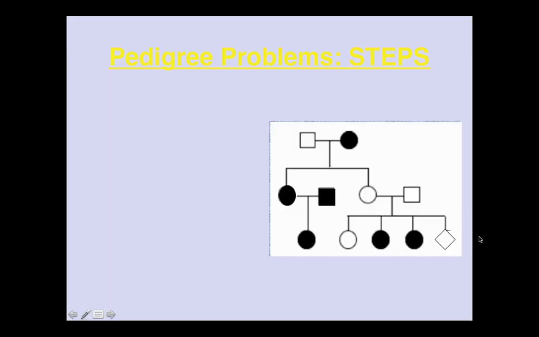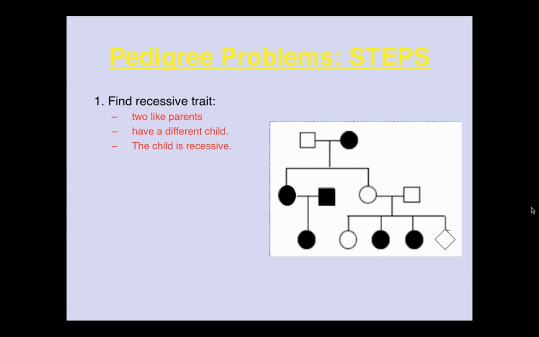Let's go on. And here are some pedigree problem steps. Now this is if you're working out the whole pedigree chart. So first you find the recessive trait, just like we just saw. Then you label all of the recessive ones with little a, and all the dominants with one big A. Those two steps are the easiest ones.